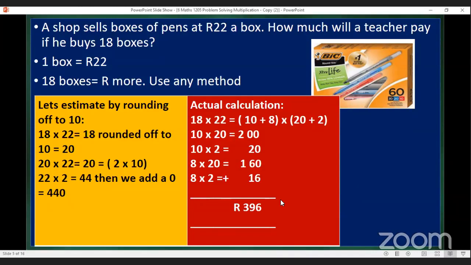Well done. You are right, and then the answer is 200.